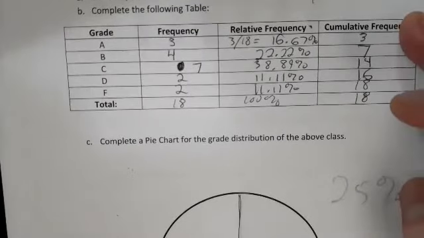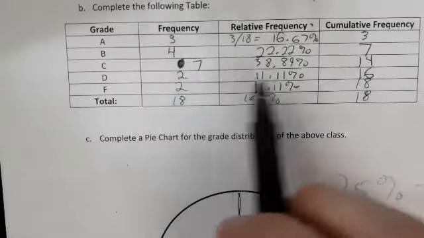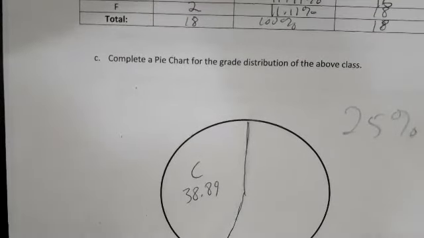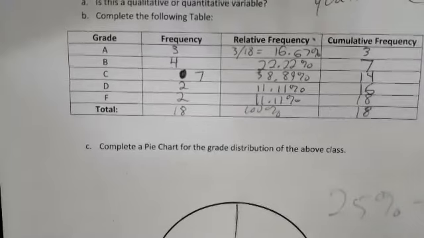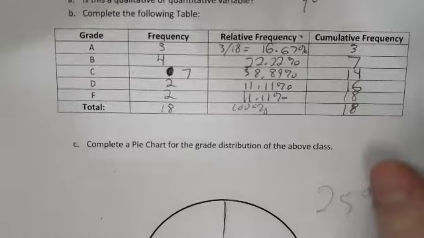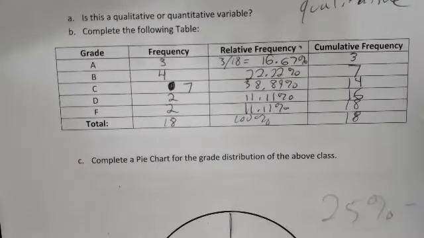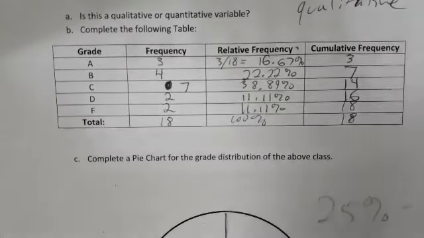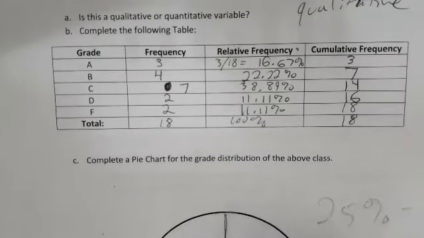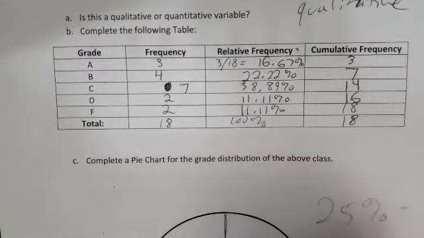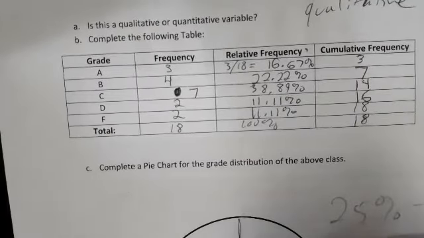And this one is the C. 38.9%. I'm going to start with that largest one. And I think I'm going to work my way down, and I can go C, B, A, and do my F and D. And it will go sort of in order if I do that. The next thing is this one. So B is 22%. Right angle would be 25%. So it's a little bit shy of a right angle. So I'm going to do that. And hopefully this is pretty close to the center of my circle.